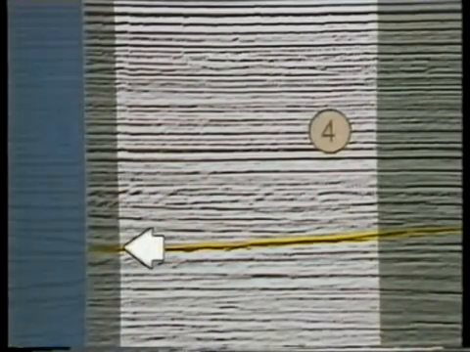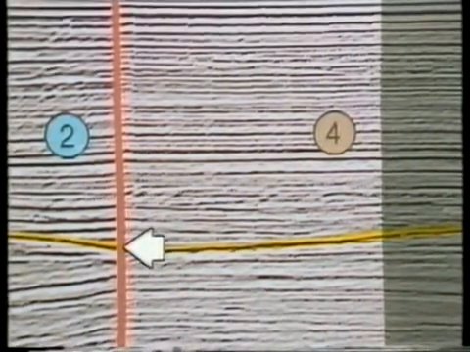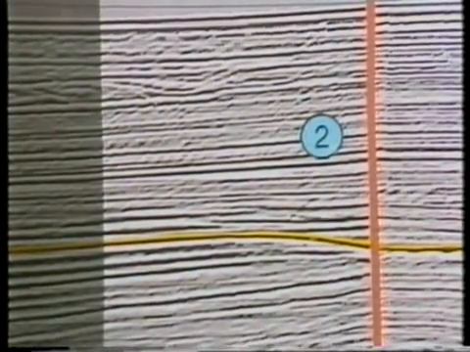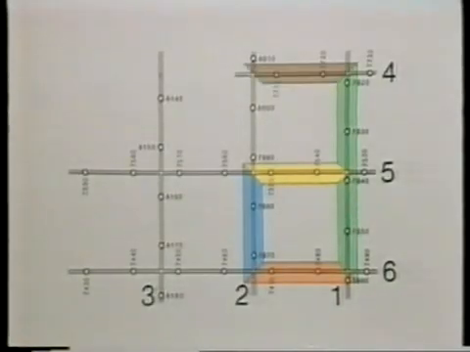The tie point, and the next line going south. The tie point, back to the original line. Again, it ties, it checks. Good. Now we have closed the second loop.